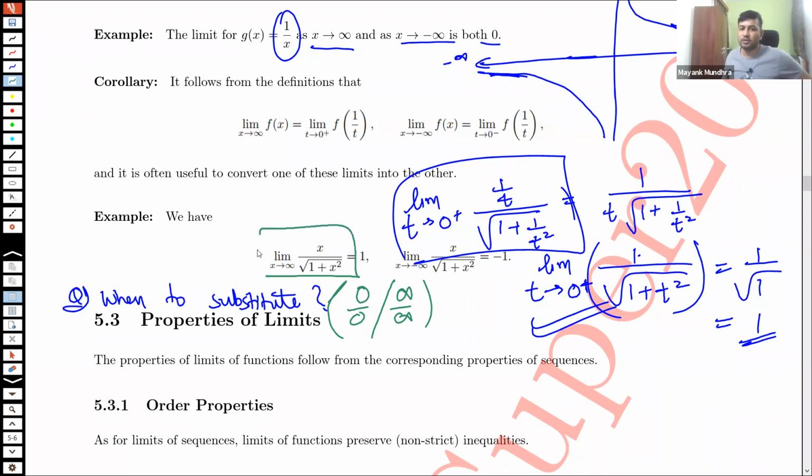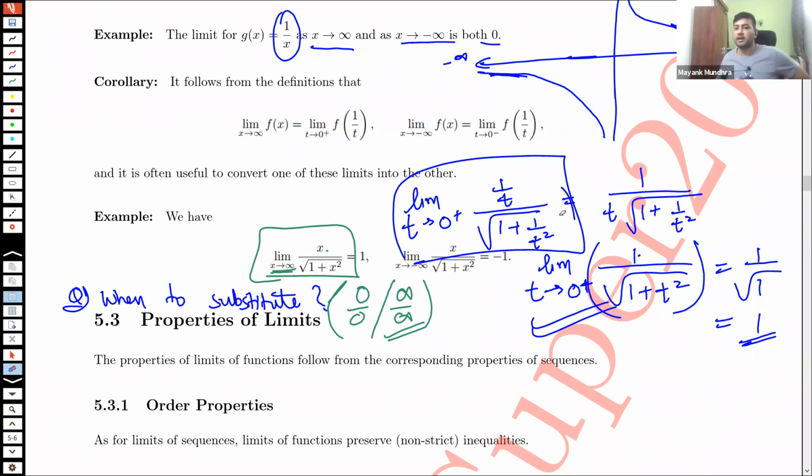So for example, if you look here, as x tends to infinity, both x and 1 plus x square are going to infinity. So this is infinity by infinity format. So I cannot substitute. Okay.